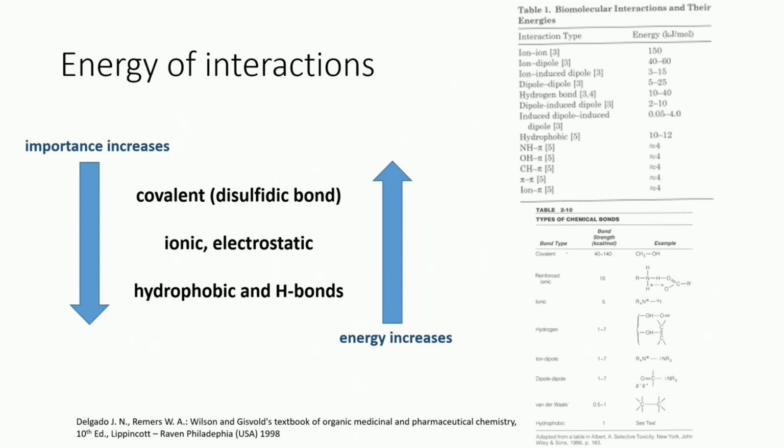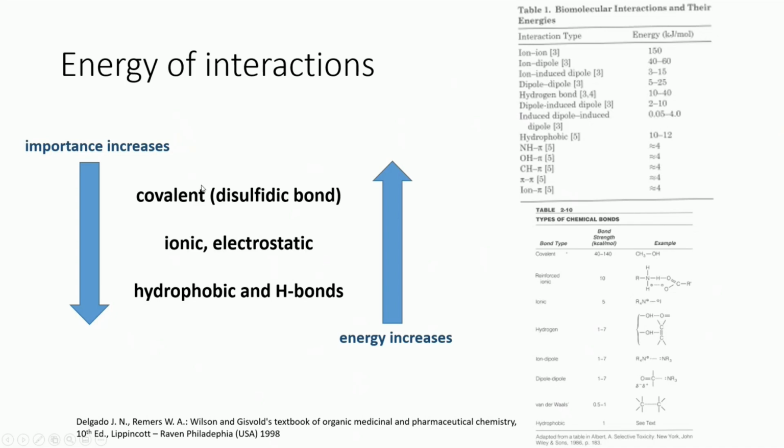So when we conclude, we can say that the covalent bond is the strongest type of interaction, but it does not proceed as often in the interaction between drug and target.